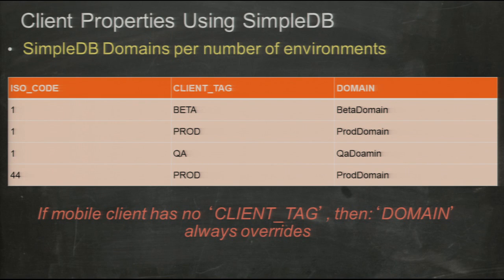If you think about it, let's say that you have your QA environment, and assuming that your QA environment or pre-production environment is not on the cloud, you have to manage different IP addresses. You need to manage different properties based on your environment.